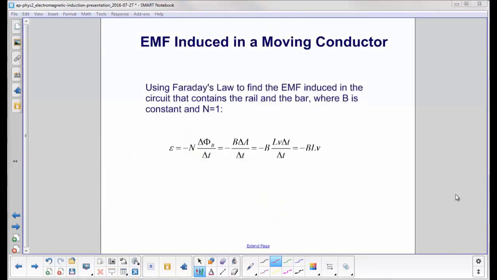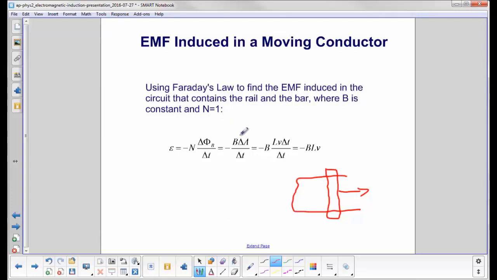Use Faraday's law now to find the EMF induced in the circuit that contains the conducting rail and the bar, which is moving like that, and that's going to induce an EMF, which will drive a current through this wire here. So Faraday's law is minus N delta phi over delta t. There's only one loop, so N is equal to 1.